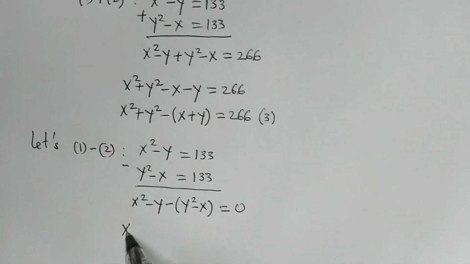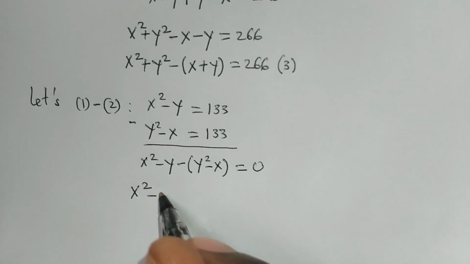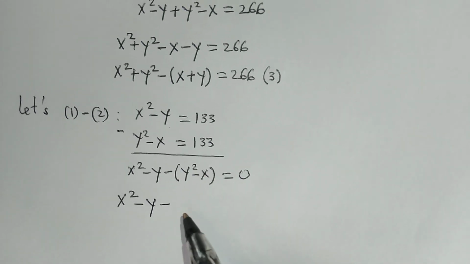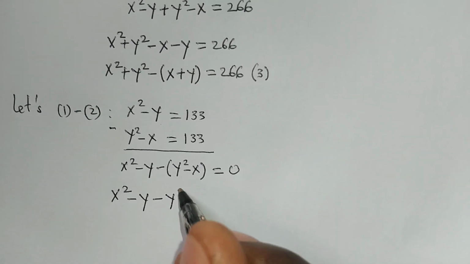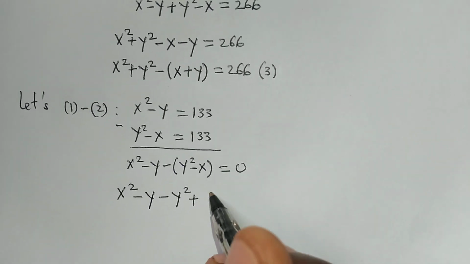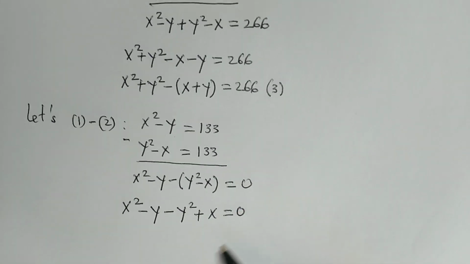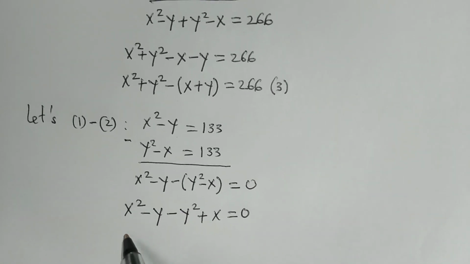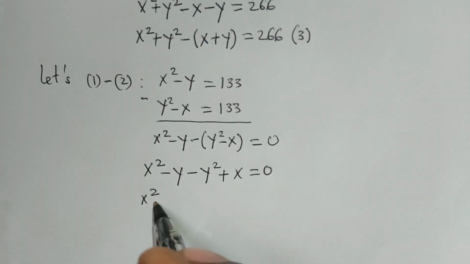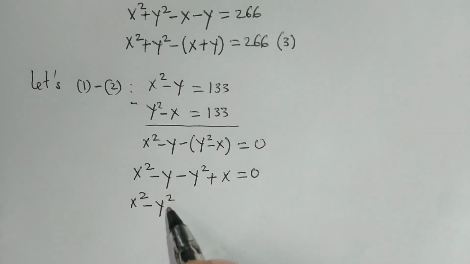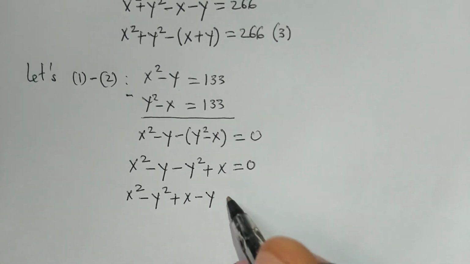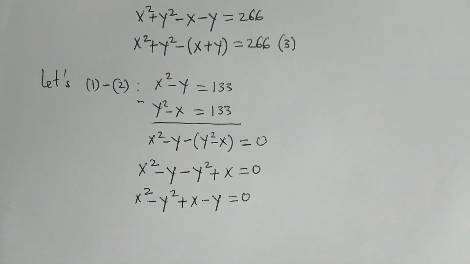So we have x square minus y minus, in parentheses, y square minus x is equal to 0. Putting x square and y square together, it is x square minus y square plus x minus y is equal to 0.